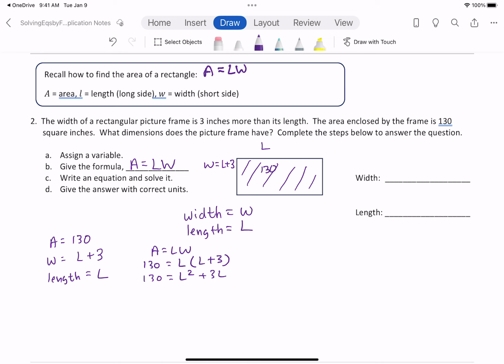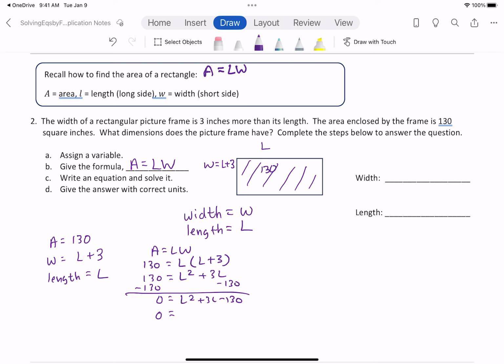And then whenever we have to solve a quadratic equation, it has to be equal to one number. That one number is 0. So I'm going to subtract the 130 from each side. And we end up with this equation. So we need to factor it.